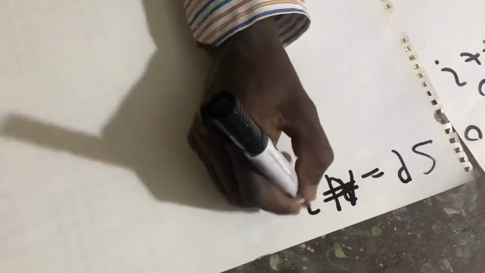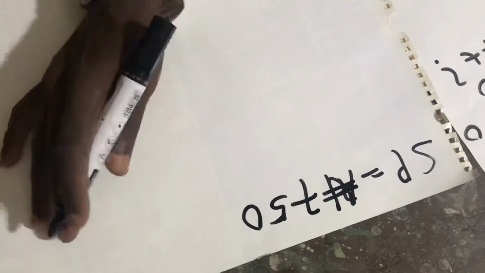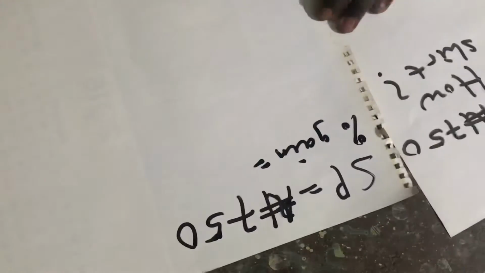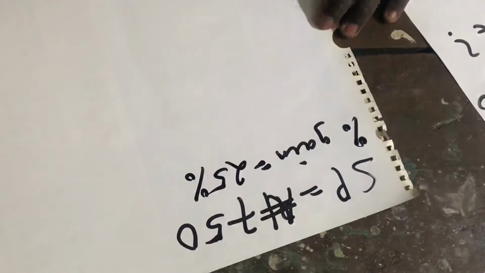Selling price, SP, is equal to 750 naira. Percentage gain, which is the same as percentage profit, is equal to 25%.